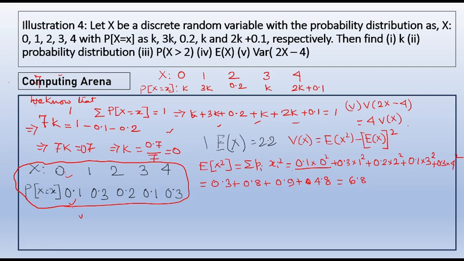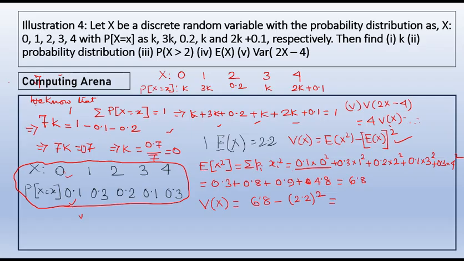From here, we use this particular expression to compute the variance of x. Variance of x is equal to expectation of x squared, which is 6.8, minus expectation of x whole squared, which is 2.2 whole squared.